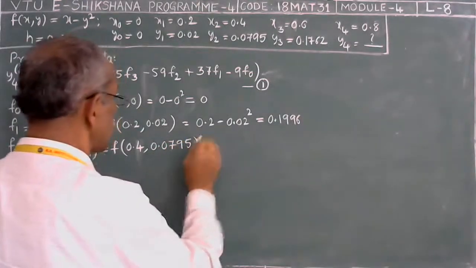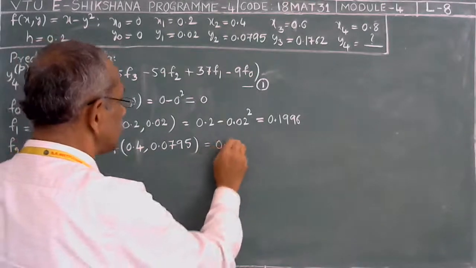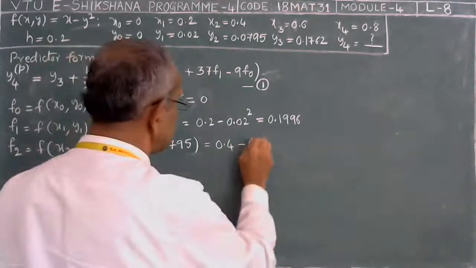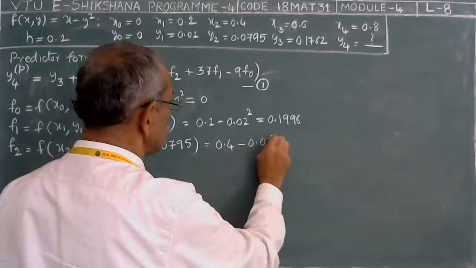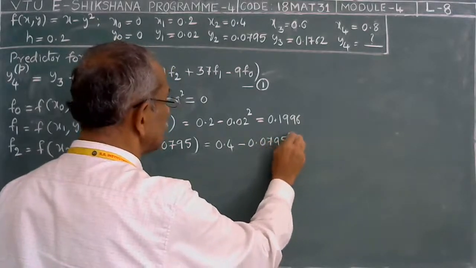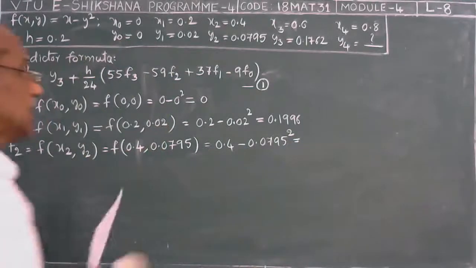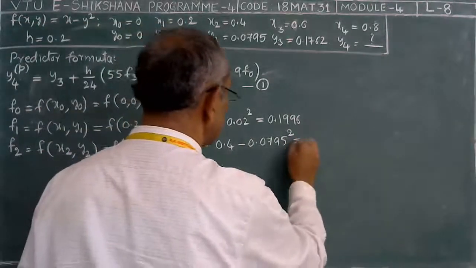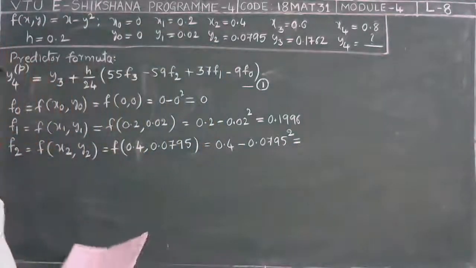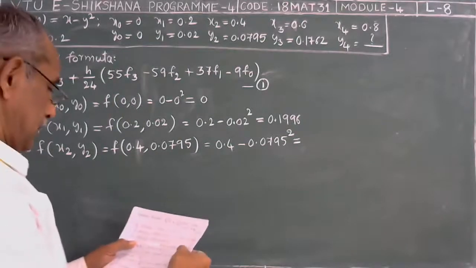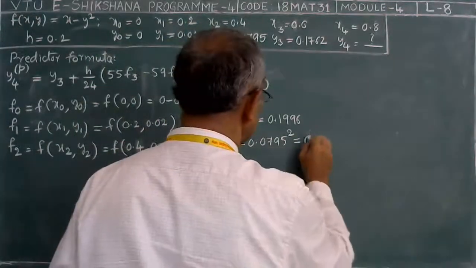So this is equal to 0.4 minus 0.0795 square. So using calculator, if you calculate, you get f2 is equal to 0.3936.